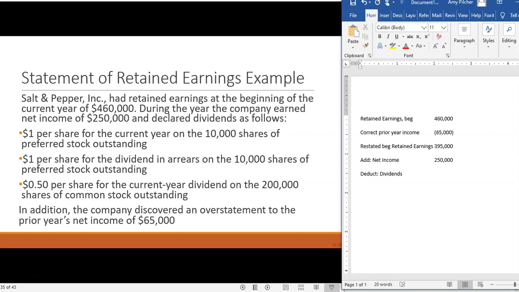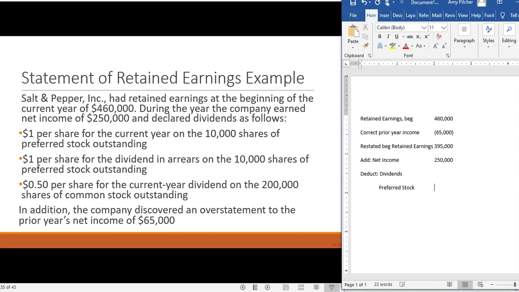We have both preferred dividends and common stock dividends. So our preferred dividends, we have 10,000 shares times $1 per share for 2 years, because it says that we have $1 per share for the current year, and then we also have $1 per share in arrears. So we have to pay 2 years of preferred stock dividends.